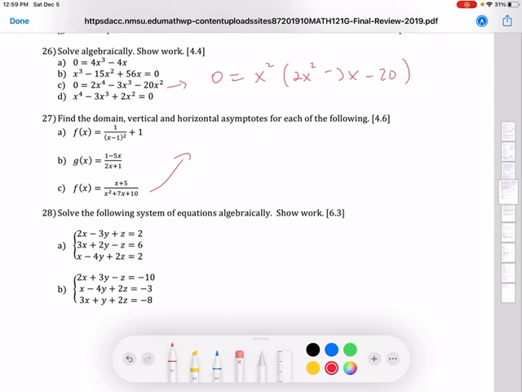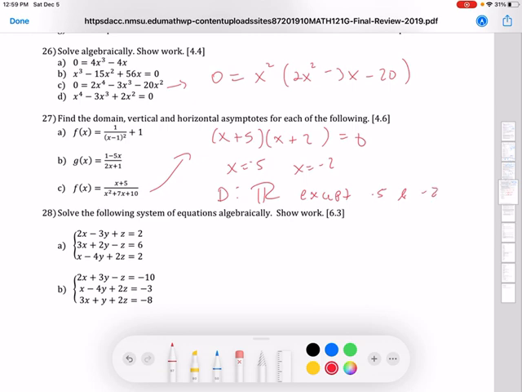27. What we have to do, we'll take a pick. The domain is all real numbers except what makes the denominator 0. So the denominator, x squared plus 7x plus 10, I'm going to factor it. And what makes it 0 is a -5 and a -2. So your domain is all real numbers except -5 and -2.